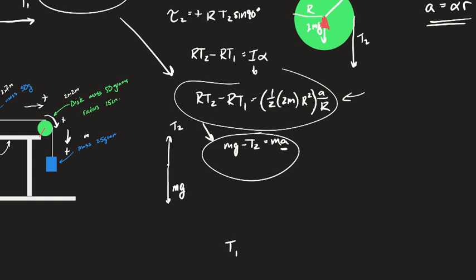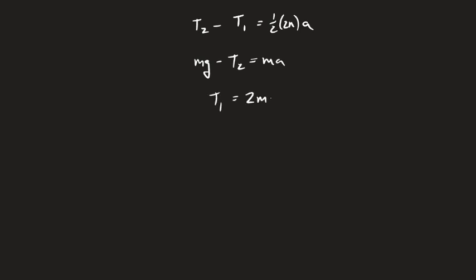But the R's will all cancel out here. So I will get T2 minus T1 equals 1/2 times 2m times A. I will also have mg minus T2 equals ma, and T1 equals 2ma.